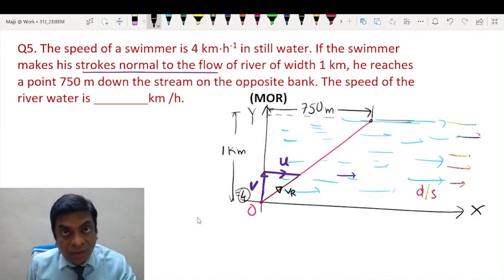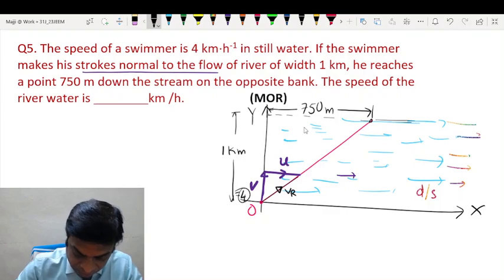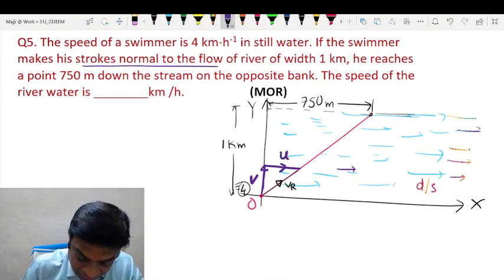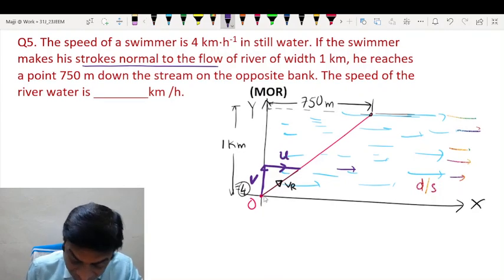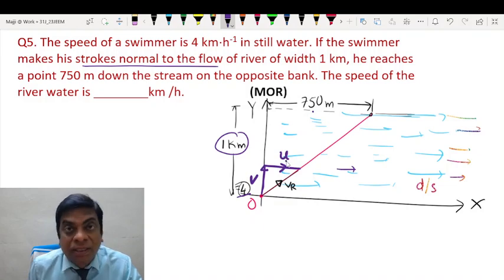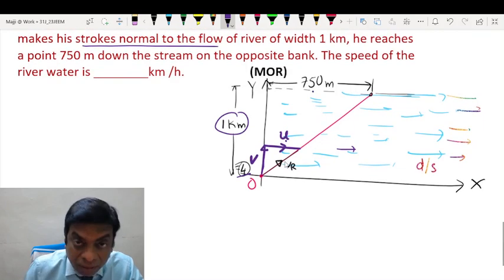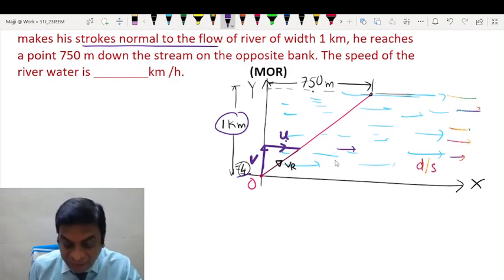I am not writing the unit; it is assumed to be kilometers. So I can say that in time t, the displacement along the y-axis is 1 kilometer with a speed of 4 kilometers per hour. Now in the same time t, the displacement is 750 upon 1000 kilometers with a speed u along the x-axis. In other words, we are considering the motion separately along the y-axis and x-axis.